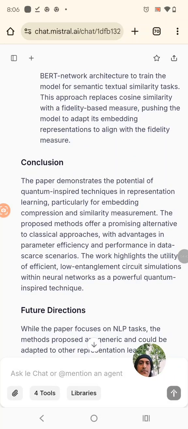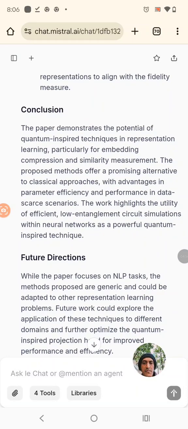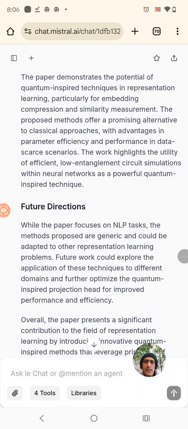So the paper demonstrates the potential of quantum-inspired techniques in representation learning. The work highlights the utility of efficient low entanglement circuit simulations with neural networks as a powerful quantum-inspired technique. While the paper focuses on NLP tasks, the methods proposed are generic and could be adapted to other representation learning problems.